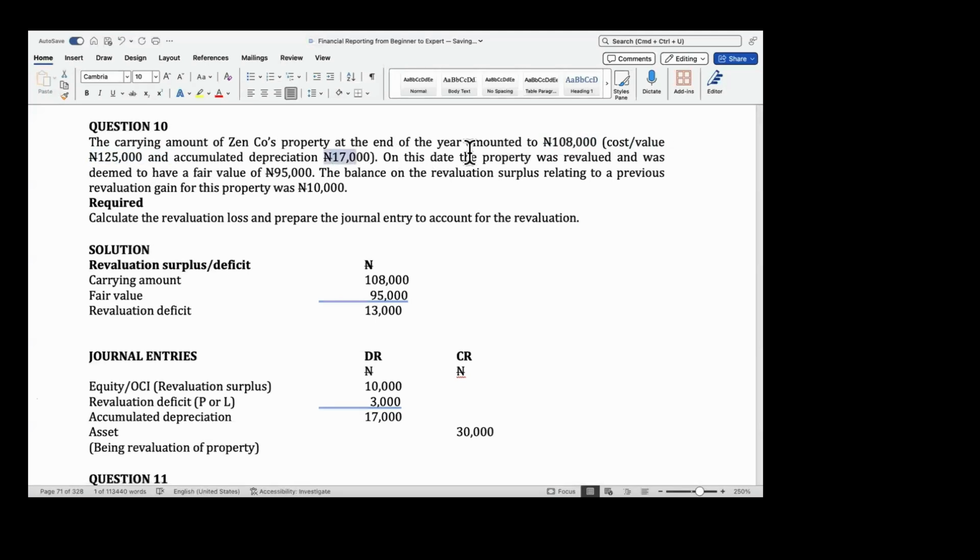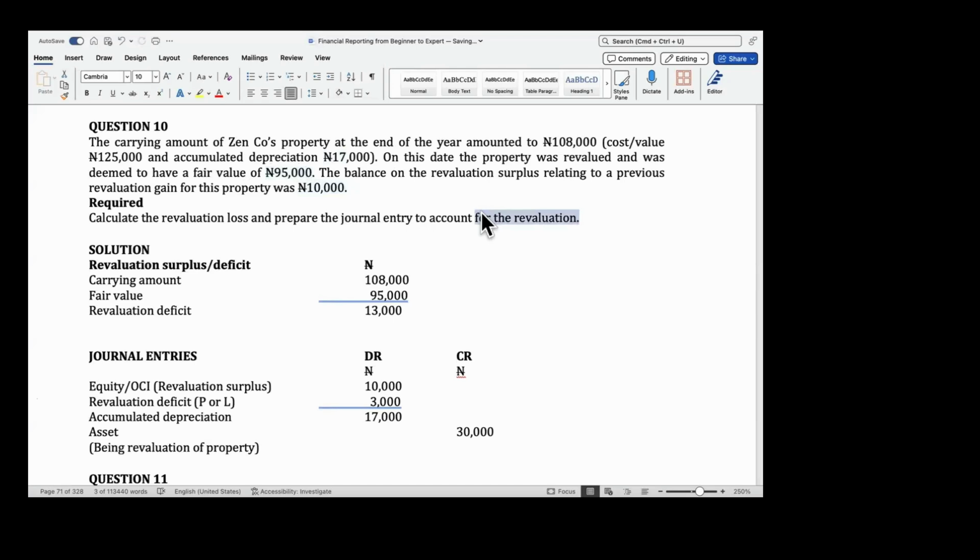On this date, the property was revalued and was deemed to have a fair value of 95,000. The balance on the revaluation surplus relating to a previous revaluation gain for this property was 10,000. Required: calculate the revaluation loss and prepare the journal entry to account for the revaluation.